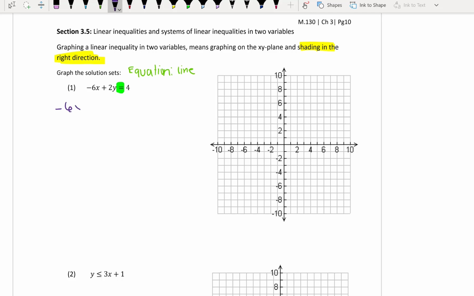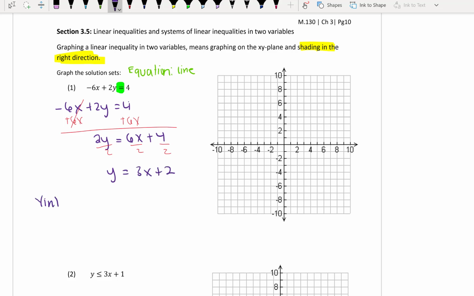So I have a negative 6x plus 2y is equal to 4. So I am going to add 6x to both sides, so I can get 2y is equal to 6x plus 4. From there, I'm going to divide everything by 2, so that y is equal to 3x plus 2.